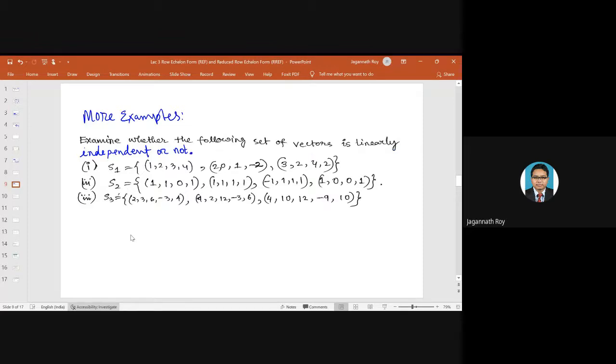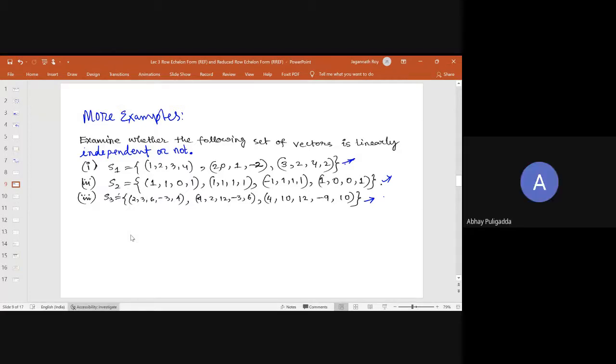So what will happen if the vectors are linearly independent? Then you will have non-zero rows equal to the number of vectors. Here we have three vectors, so three non-zero rows will be there. Here we have four vectors, so we want four non-zero rows. Here we have three vectors, so we want three non-zero rows. If it is satisfied, then we can say these are actually linearly independent. So for that, what we have to do? We have to find out the row echelon form.